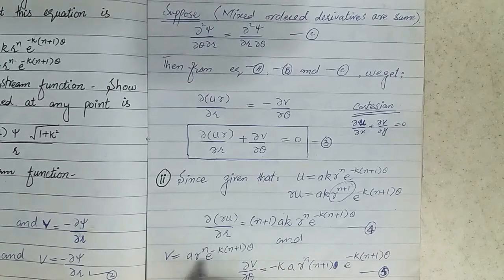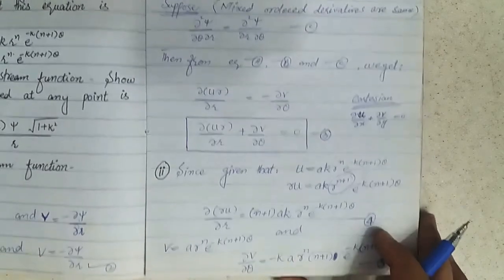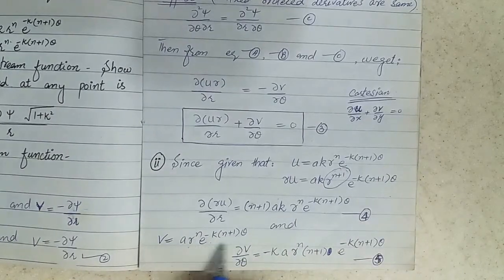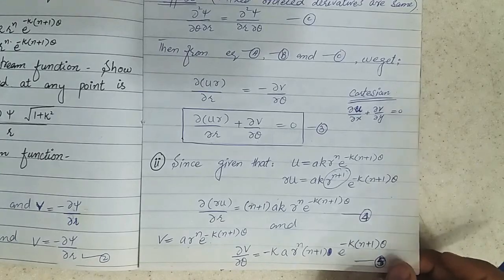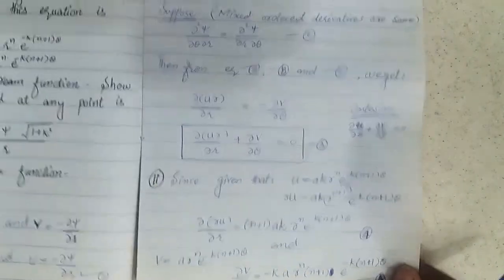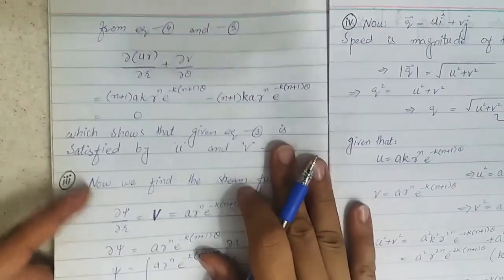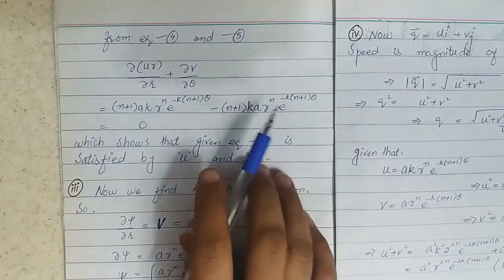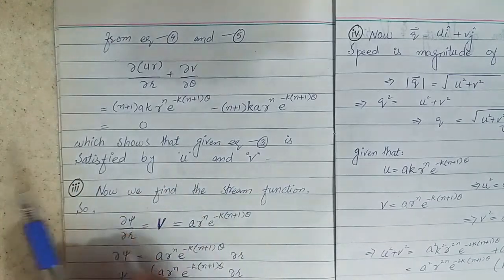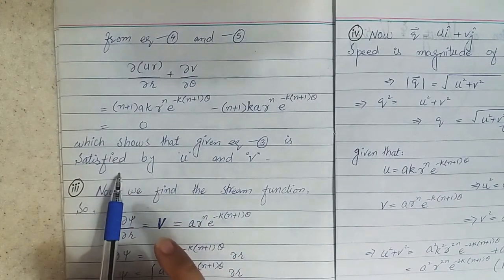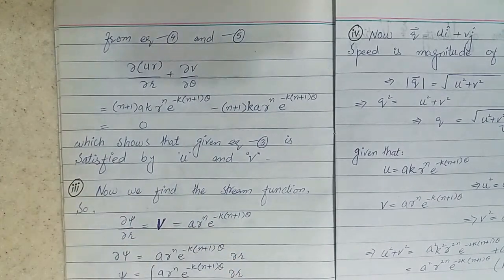When we take the partial derivative with respect to theta, the other components remain the same, and for the e power theta term we use the exponential formula. So we get equations 4 and 5. When we add both 4 and 5, the two terms cancel each other and the sum is equal to 0. This shows that these u and v components satisfy the equation of continuity.